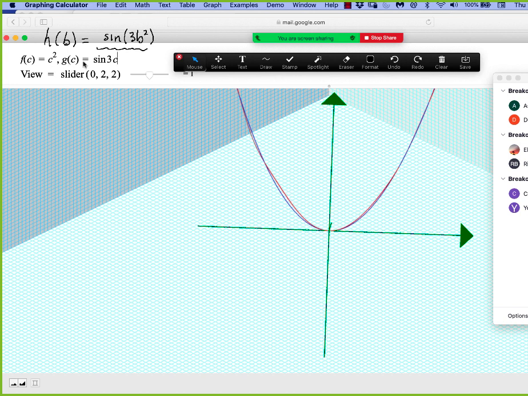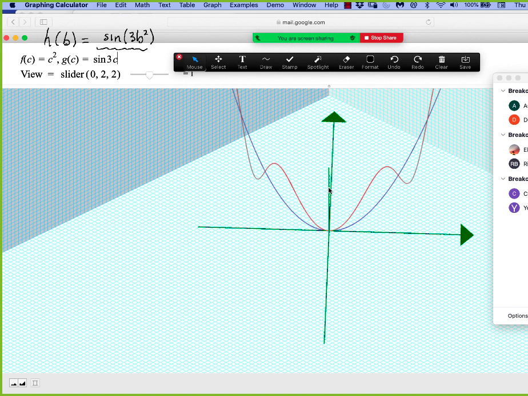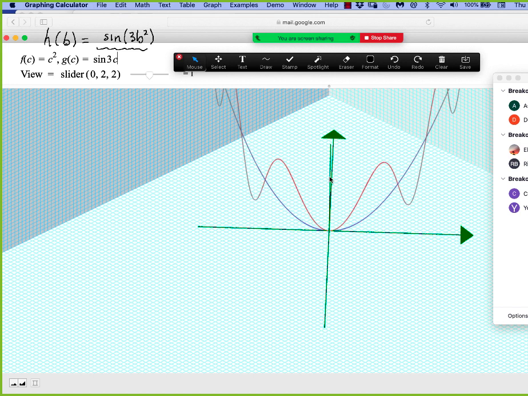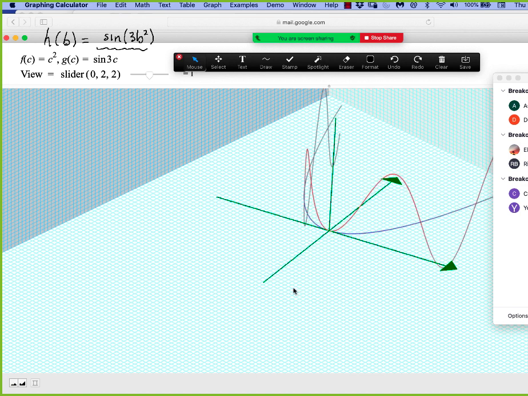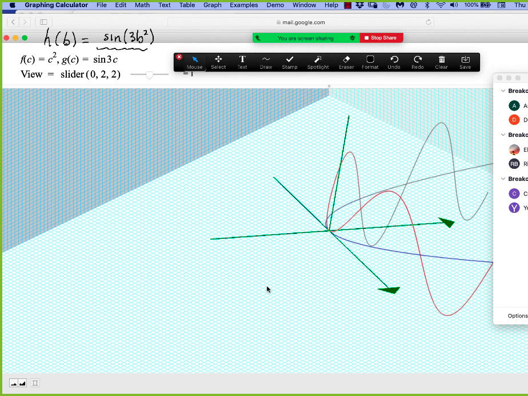What did we say the graph of g related? What two variables did that relate? Y and z. How do I look at just y and z? With the x-axis pointing at us. Okay, so I'm going to look down the x-axis.